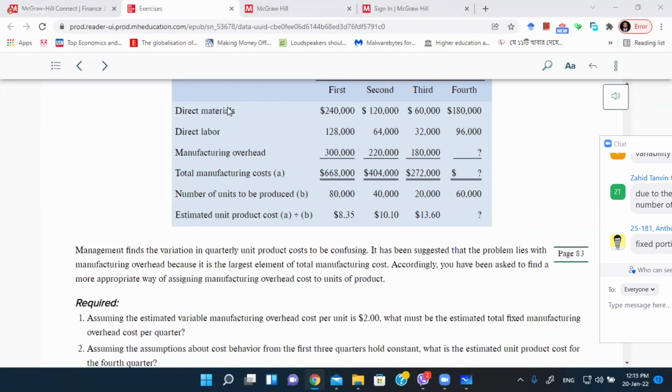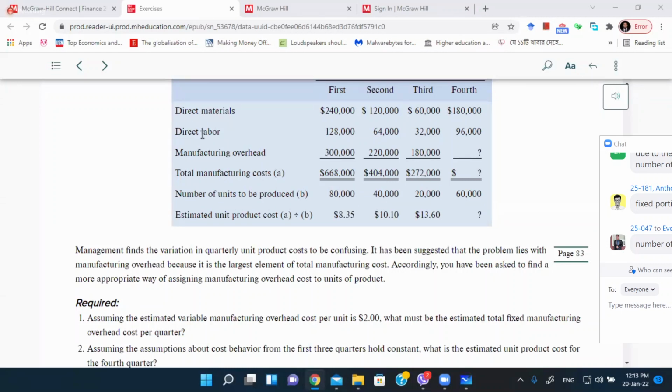Again, the fixed cost, fixed portion. Obviously, the number of units will fluctuate, but you see that direct materials and direct labor will respond directly to the changes in the number of units. Again, out of the manufacturing overhead, the variable manufacturing overhead will also fluctuate in terms of the number of units to be produced, right?